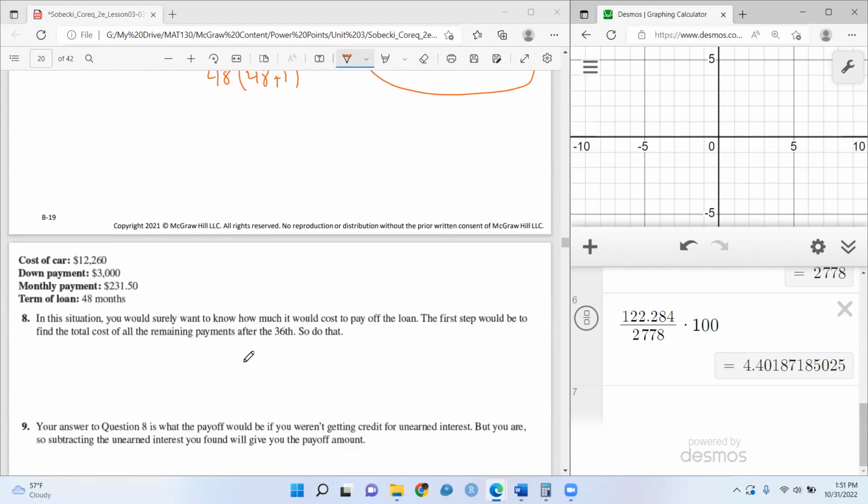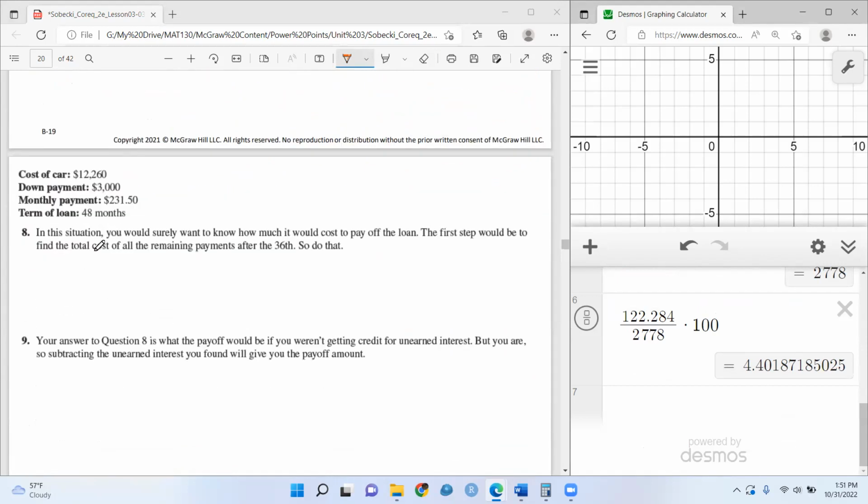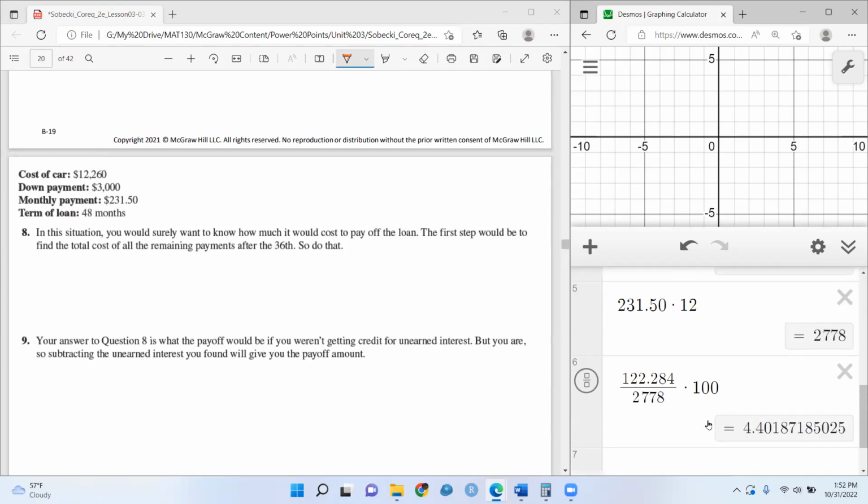All right. In this situation, you surely want to know how much it would cost to pay off the loan. So we ask, what's the total cost of all the remaining payments after the 36th payment? We made that 36th payment, so there are 12 left.